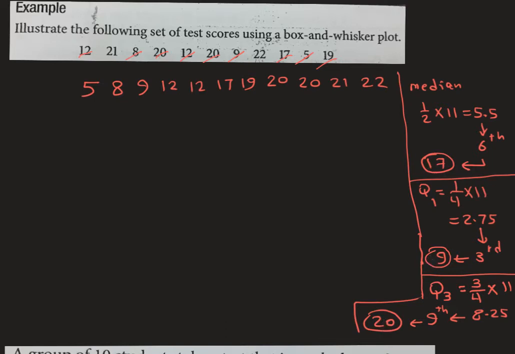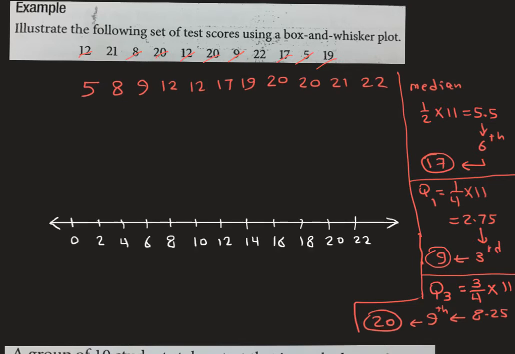Then we can draw the box and whisker diagram. First, draw the number line from 0 to 22 because I need values till 22. Now we have the least value 5 and the greatest value 22.